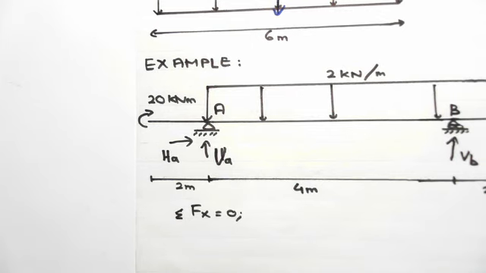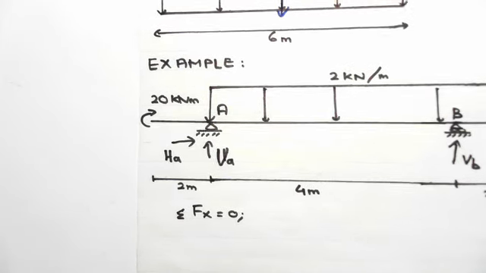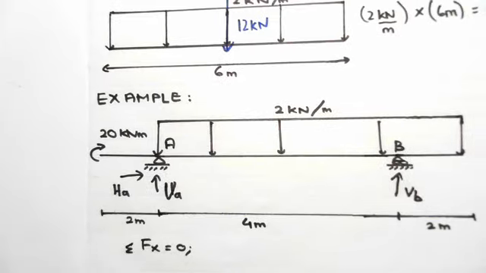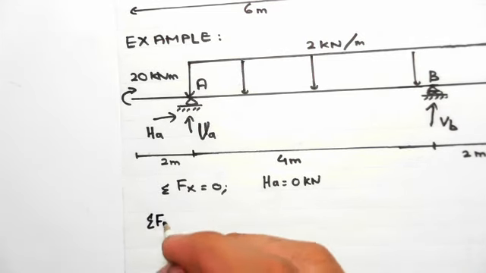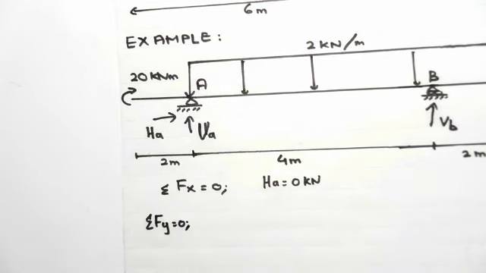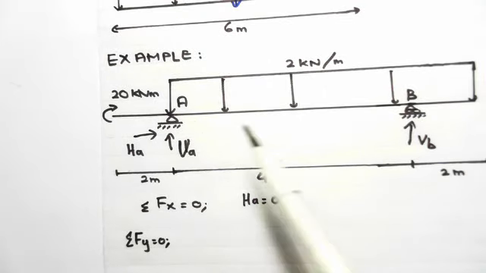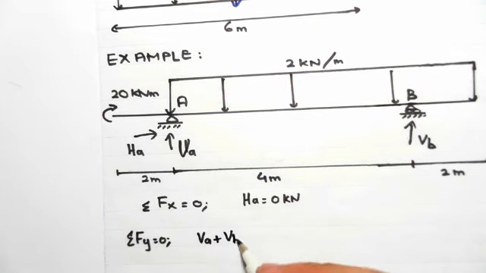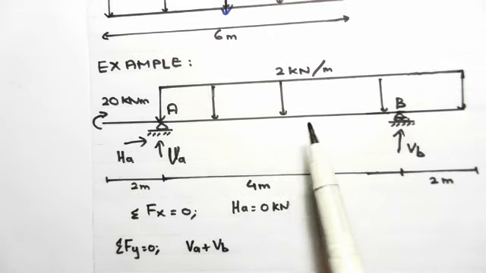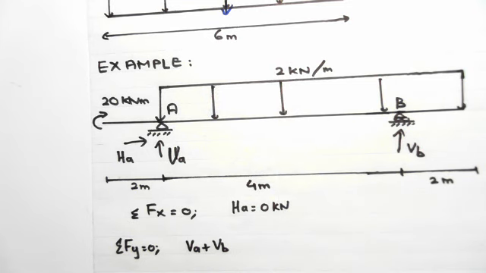As we said, the sum of the forces in the x direction equals 0. Observing this diagram, HA is the only horizontal force, so immediately HA equals 0 kilonewtons. Next we have the sum of the forces in the y direction, so sigma Fy is equal to 0. So notice that we have VA and VB, so we do VA plus VB. Now we have a downwards uniformly distributed load, so minus 2.